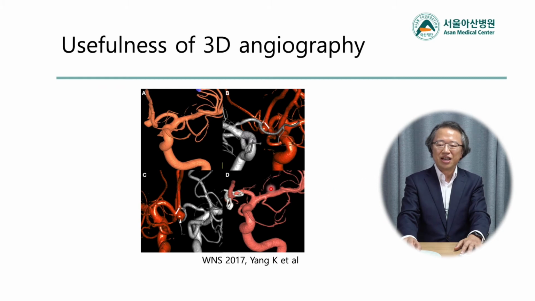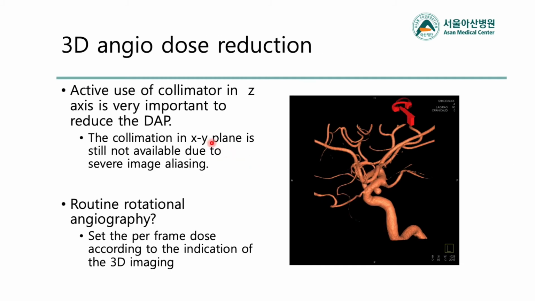However, every time I'm obtaining these multiple 3D acquisitions, it often gives me a kind of guilty feeling because the radiation burden seems quite heavy, requiring our attention. That's why active collimation of the field is important. Unfortunately, XY plane collimation is not available yet for 3D angiography.